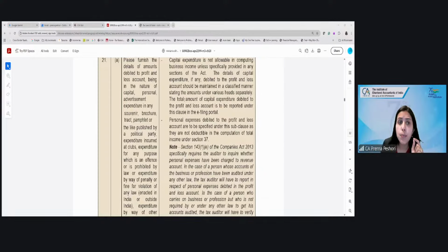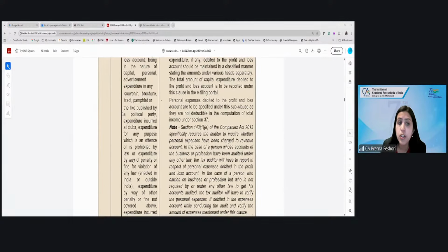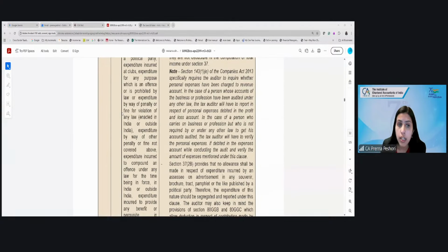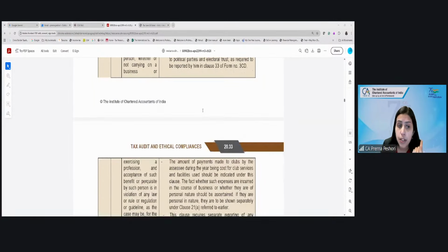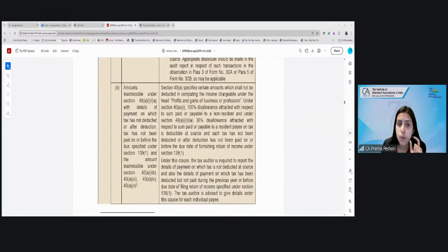Under 21, you need to put the amounts with respect to the capital expense, personal expense, advertisement expenditure in any souvenir published by a political party, expenditure incurred at any clubs, expenditure for any purpose which is an offense or is prohibited by law, or expenditure by way of penalty or fine for violation of any law, or for compounding of any offense, expenditure to provide any benefit or perquisite which is prohibited under any guidelines. You have to put all these expenses properly.